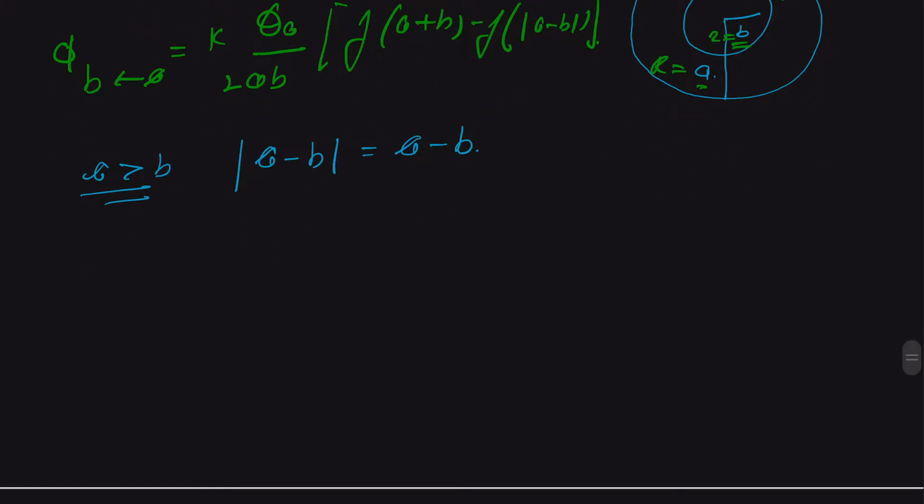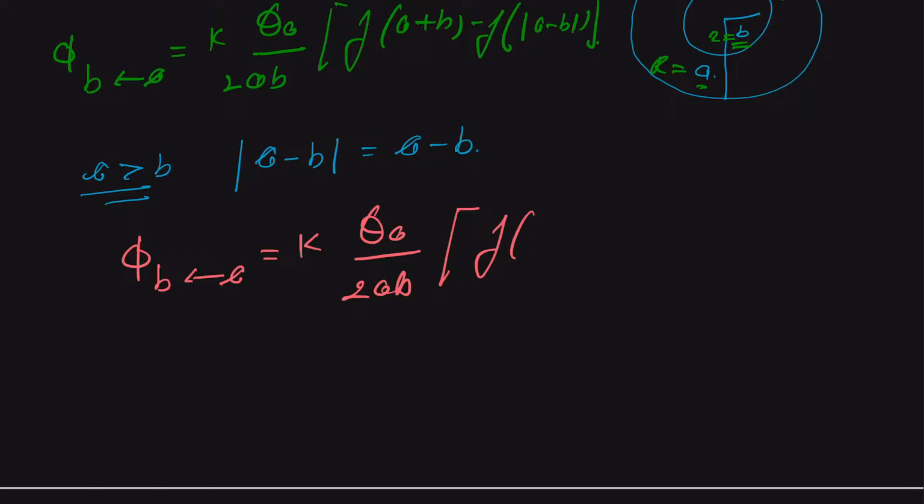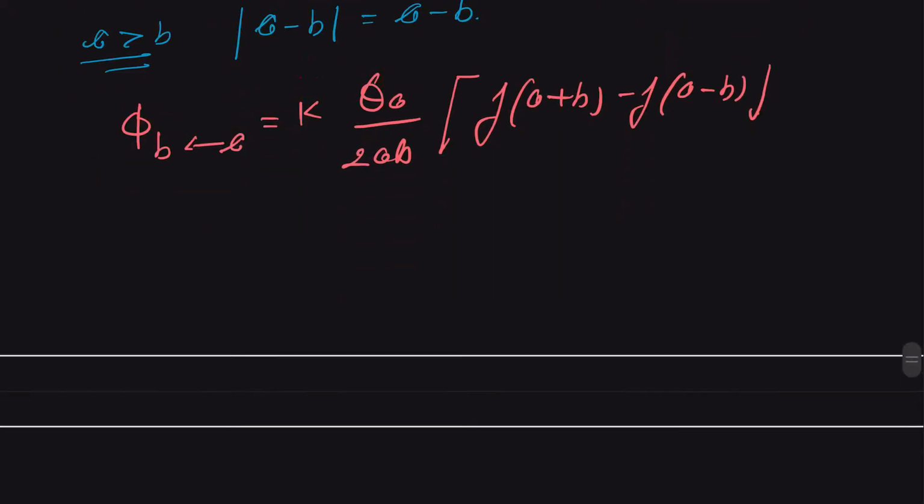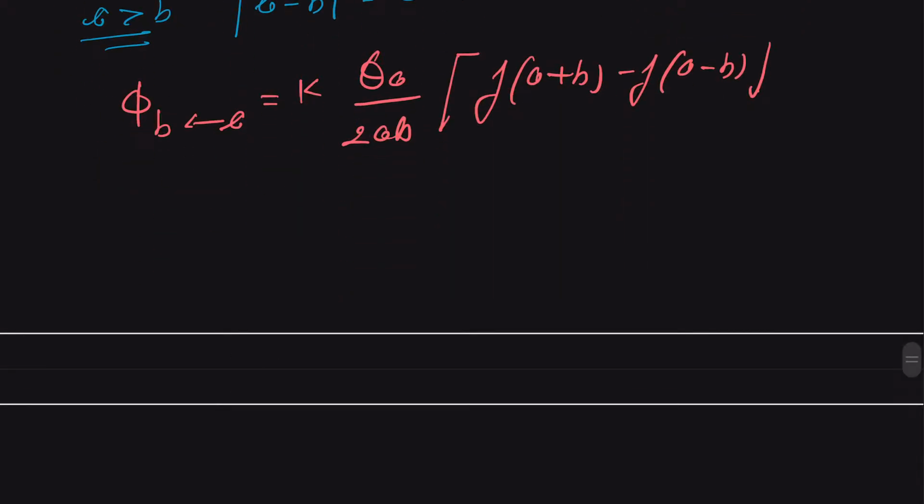Therefore we can write that the potential at B because of A will be equal to K QA upon twice AB, and it becomes function of A plus B minus function of A minus B. Now we simply add them by superposition.